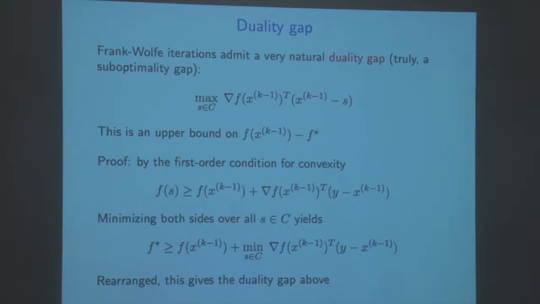If I rearrange this, it gives me exactly this statement: the duality gap, f of x minus f star, is less than or equal to minus the min of the gradient transpose (s minus x), which is the max. If I just move this to the other side and move f star to this side, it gives me the statement that I wrote down.